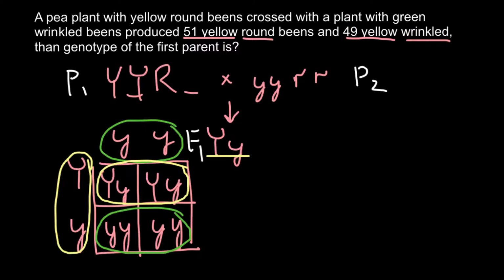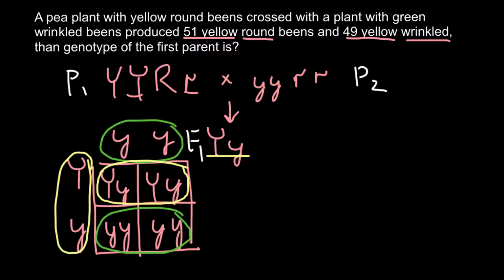This is exactly what we see for the trait color, when one parent is homozygous recessive and the other is heterozygous: we see a 1:1 ratio. And this is exactly the 1:1 ratio we see in the F1 generation, wrinkled to round, and that tells us that the second allele has to be small r in parent 1.